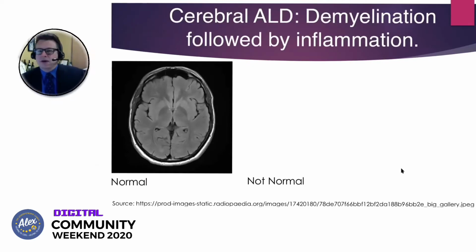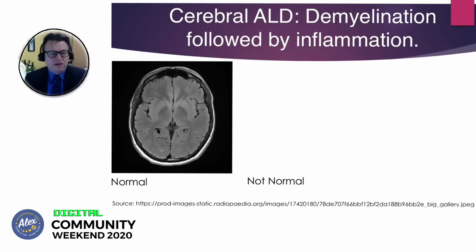So let's talk about cerebral ALD. I won't go into all the biology of ALD because that's probably already been covered, but specifically let's focus on cerebral ALD. It's really a demyelinating process followed by an inflammatory process. On the left side of the screen, you see a normal brain MRI with gray matter and white matter.